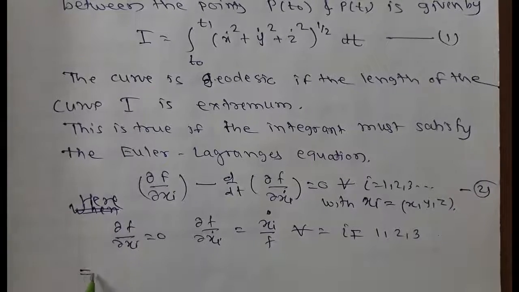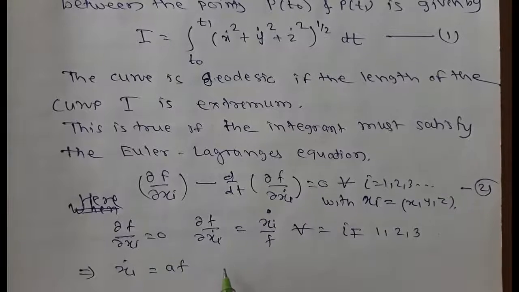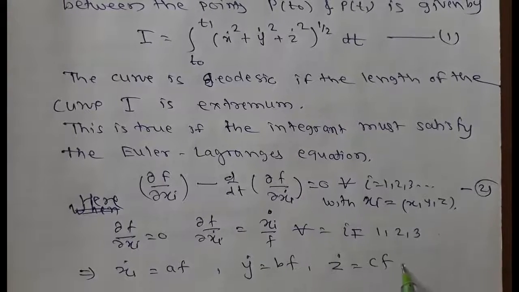This implies that x dot equal to af, similarly y dot equal to bf, z dot equal to cf.